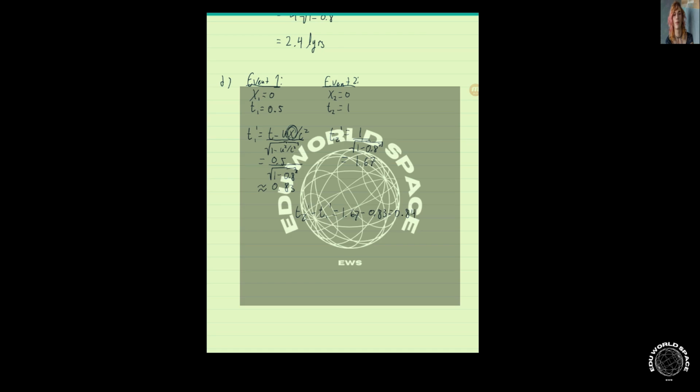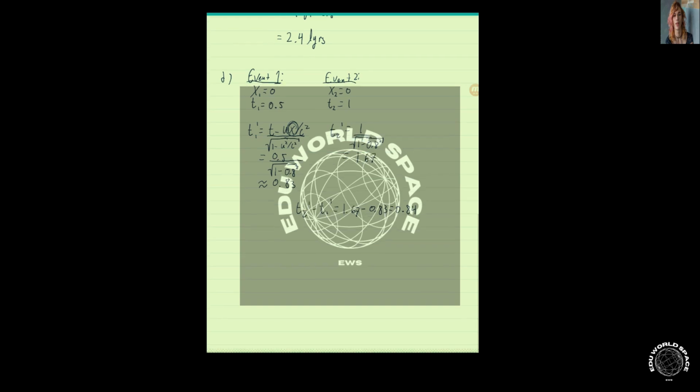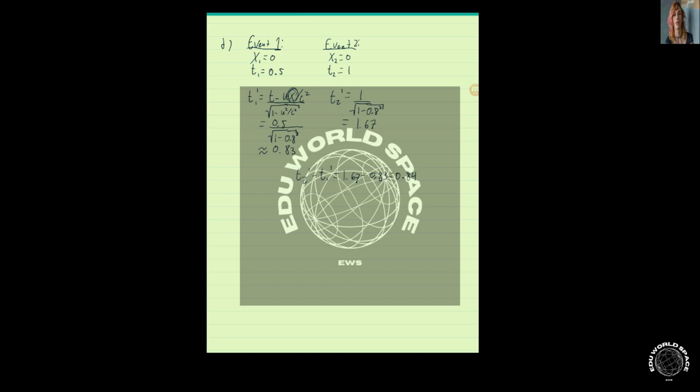Of course, we could also go through and use the time dilation equations directly. So it'll take 0.84 of a year. The time difference is 0.84 years.